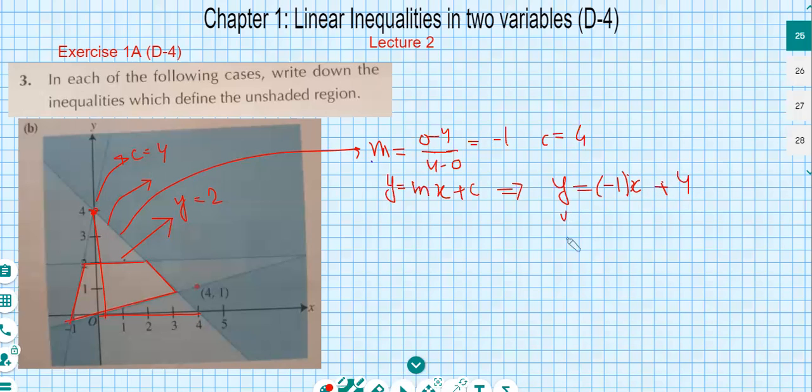So finally we get y equal to negative x plus 4. So we have 2 lines. The first one is y is equal to 2, and the second one is y is equal to negative x plus 4.